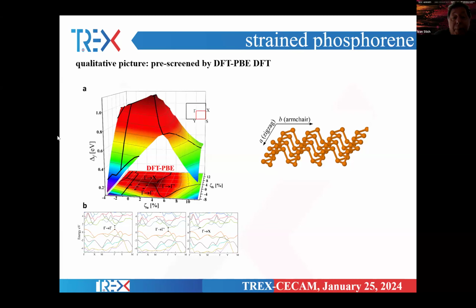And then there is also a part where the excitations are indirect, that is gamma to X, as shown here. Here we have an abrupt change, I call it gamma to gamma prime, where we have changed the order of the bands. And by doing that, we also change the electronic and transport properties because the curvature of the bands is different there.